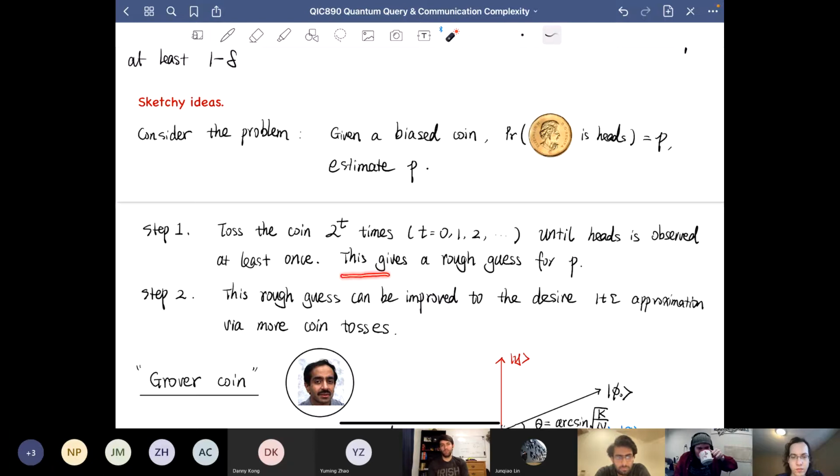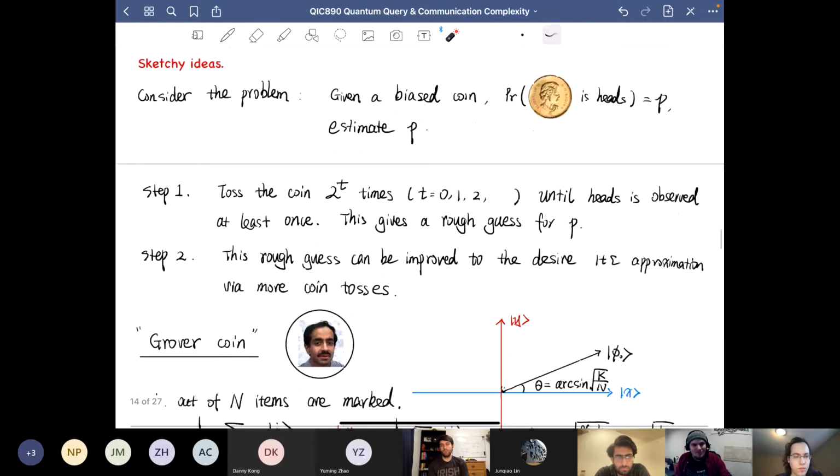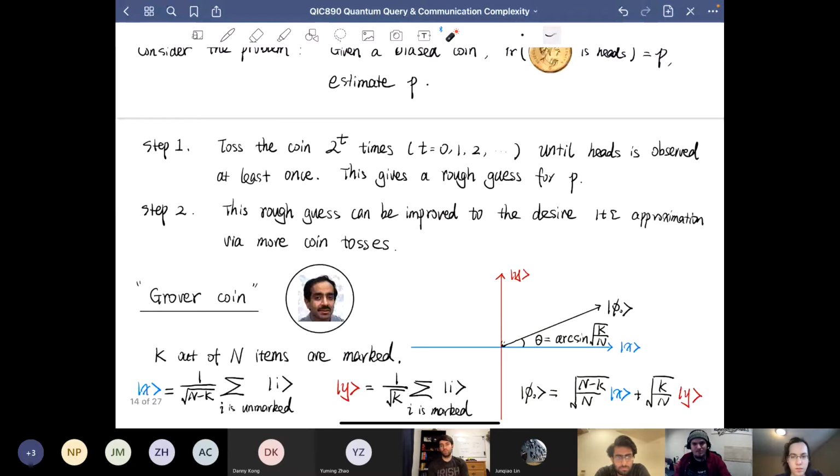And this gives a rough guess for the probability p. And of course, you can toss the coin more times. This will give you a better approximation of p.